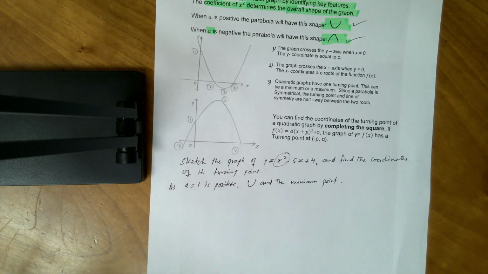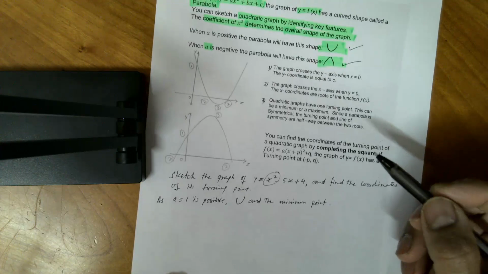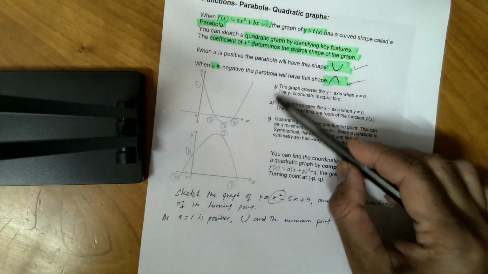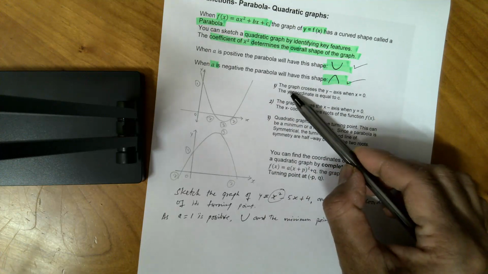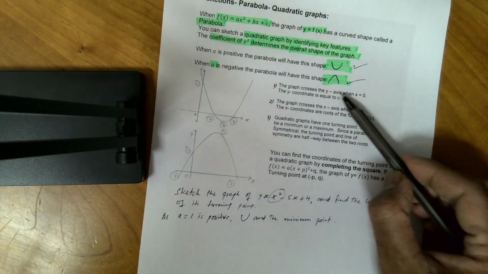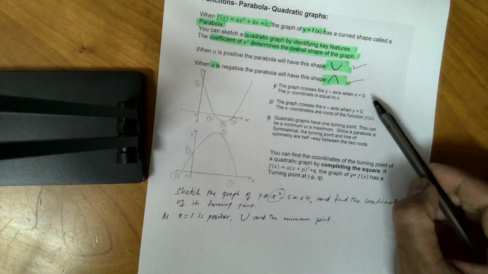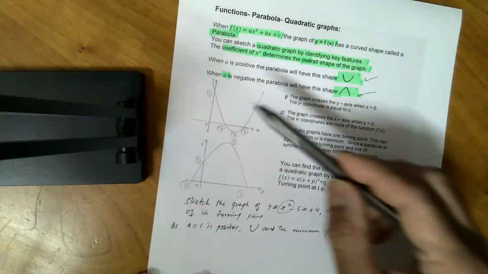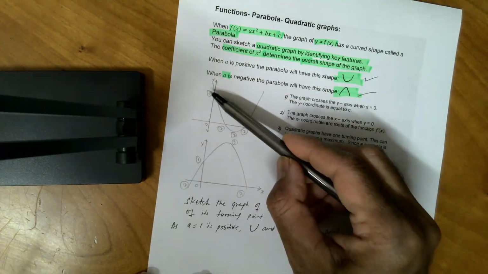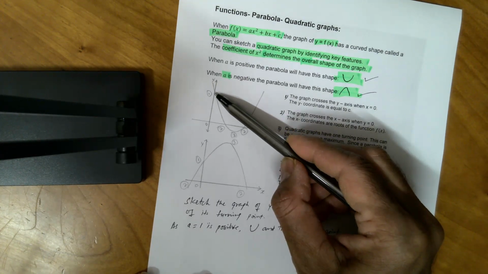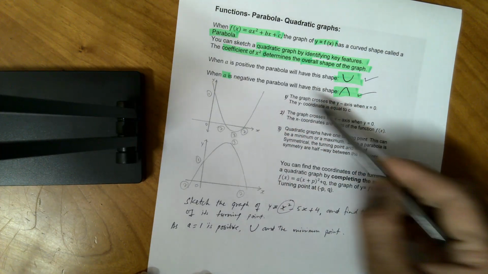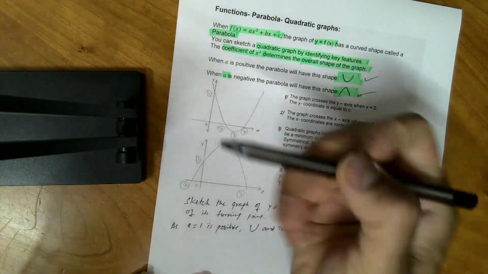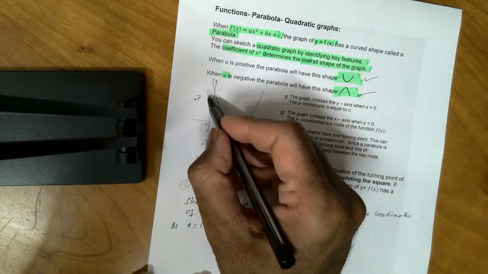So how do we get this? You see here, the first step says the graph crosses the y-axis when x is equal to 0, and the y coordinate is equal to c. So here the graph crosses the y-axis. That's why I got 1 here as well.